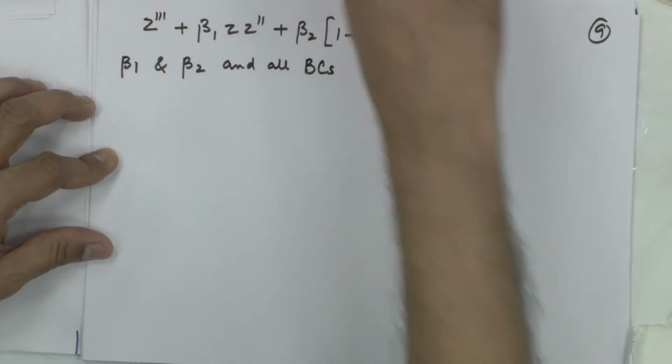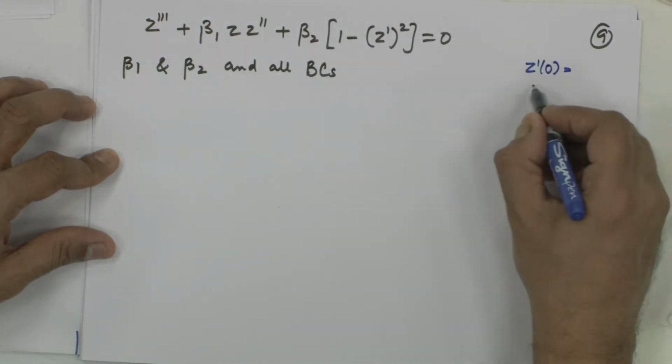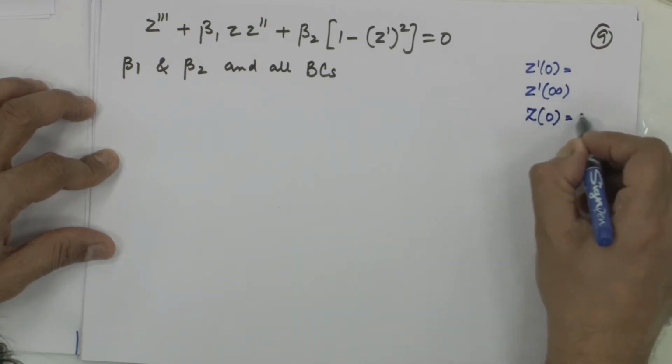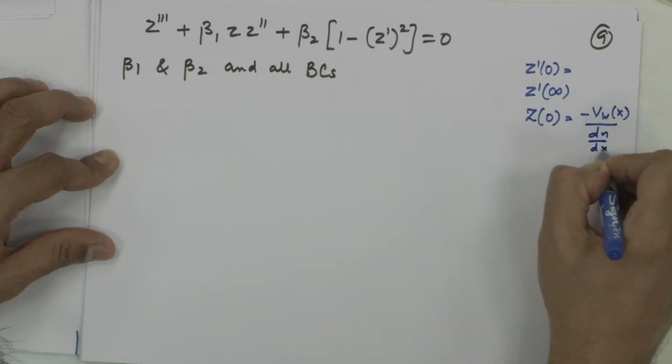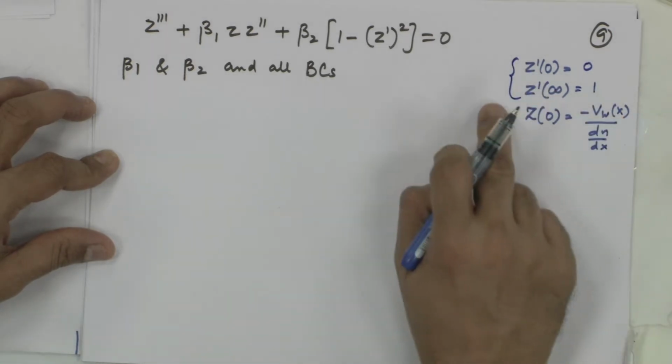What are the three boundary conditions? Z prime of 0 is something, z prime of infinity is something, z of 0 is minus Vw of x divided by dn of x. This is 1, this is 0. These two are not an issue.